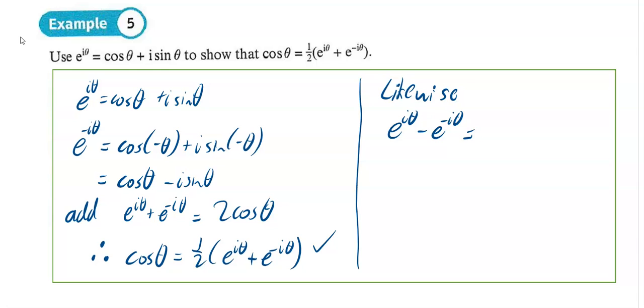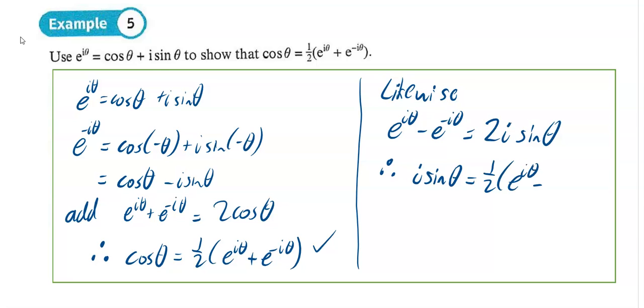If you do that out, what you're going to get is 2i sine theta, and therefore, a wee bit of working out, you're going to get i times sine theta is equal to a half times e to the i theta minus e to the minus i theta. I wouldn't divide across by this, I would just leave it. Make i sine theta the subject, so don't be writing it as sine is equal to, just leave it as i sine theta equals, that's a nice way to leave it.